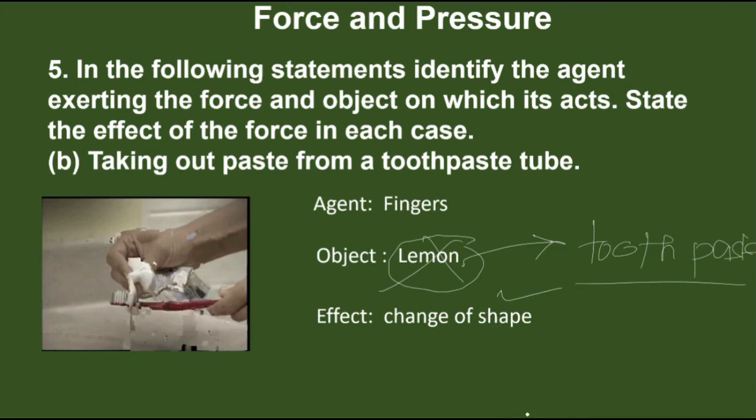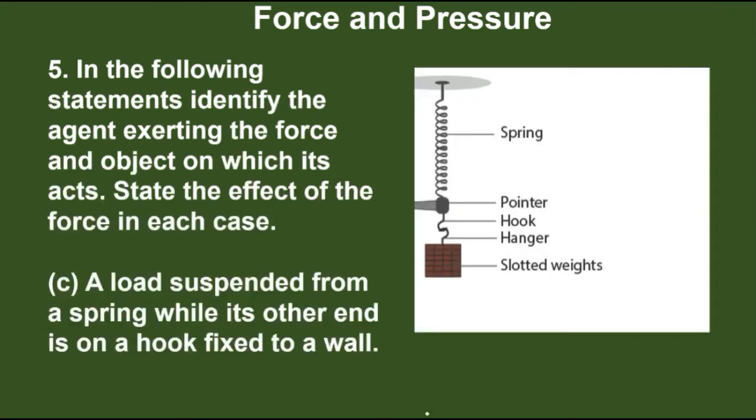Change in shape. So lemon is the wrong answer here. We have to go for toothpaste. I hope you have understood. We are using fingers on an object called toothpaste, and then the effect is change of shape. Next one.